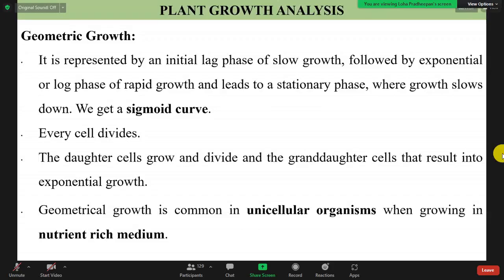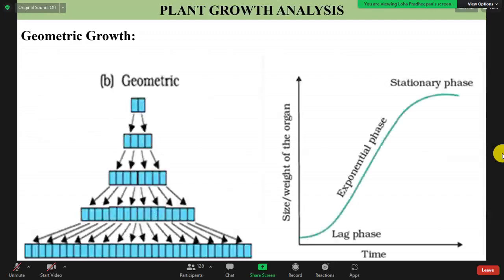Geometric growth is common in unicellular organisms, even if you grow them in nutrient-rich media. We can see that in the plant growth curve also. So in geometric growth, if you look at the dry weight of the plant, initially there is slow growth, then it is increasing with a constant slope, with the same increment.